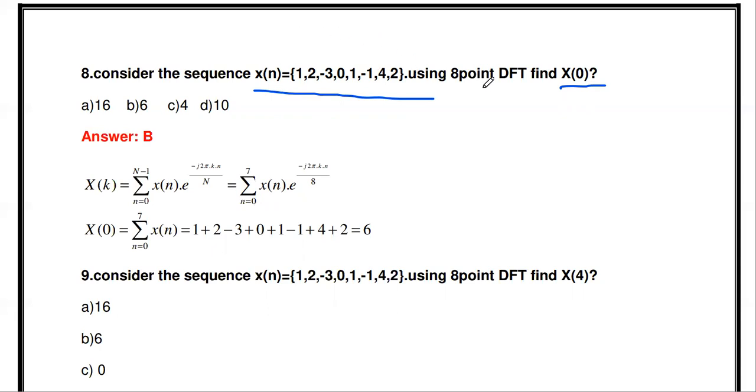So if you want to find the DFT answer, we have to perform 8-point DFT. So this question is very simple. What is capital X of 0? It is the X of k at k equal to 0. The first DFT answer is called X of 0. So we already know the first answer.